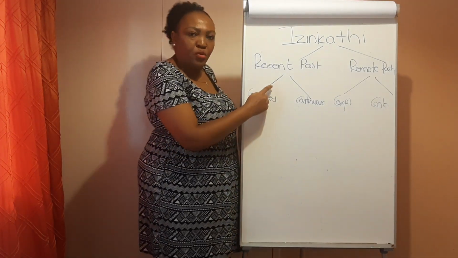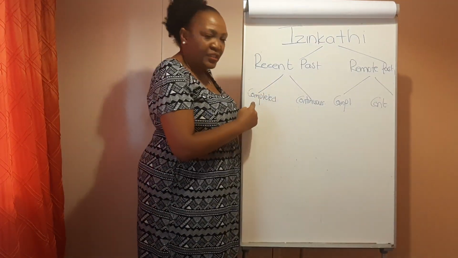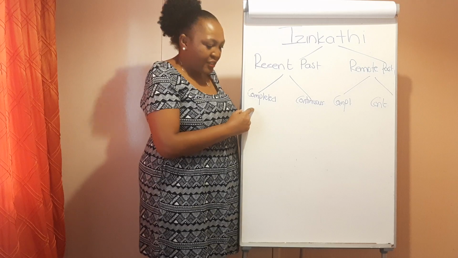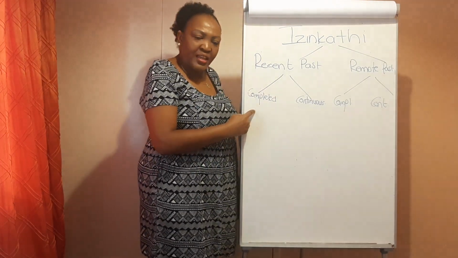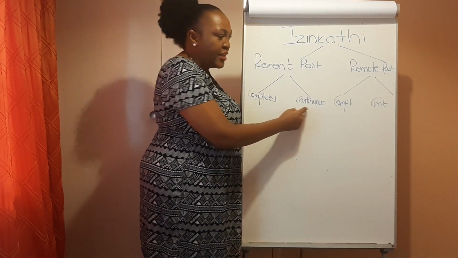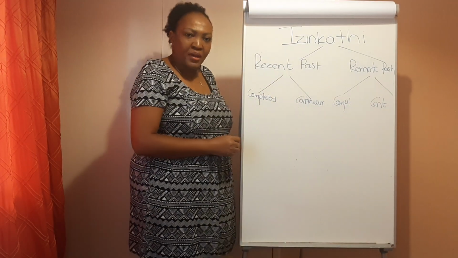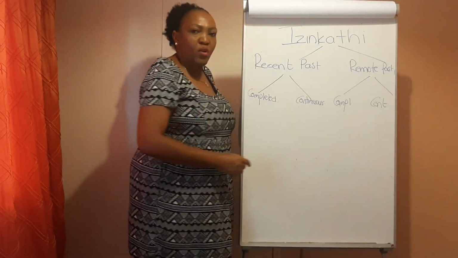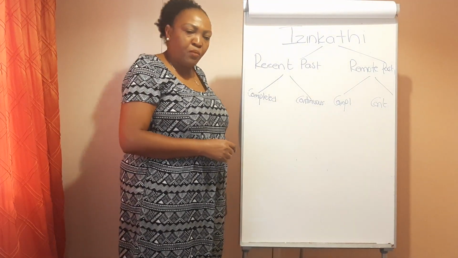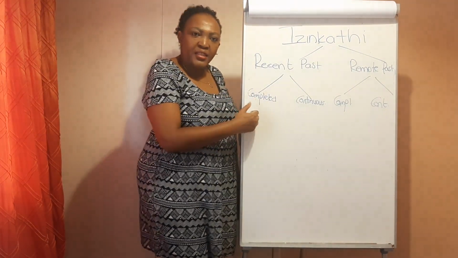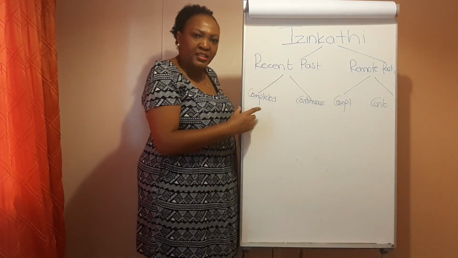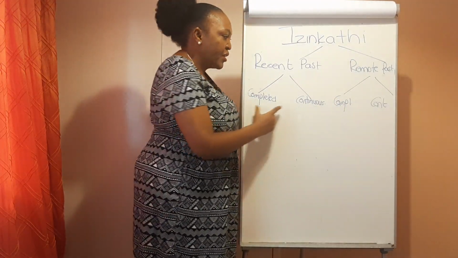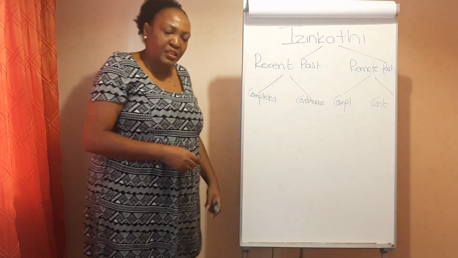And then we said within those tenses, we have a further division of a completed tense, which we classified as a perfect tense and a continuous tense in both the recent and remote past tenses. So today we're not going to look at completed tenses because we have already done so in the previous video. If you want to revise the construction of these completed tenses, please go back to that video and see how they are constructed.